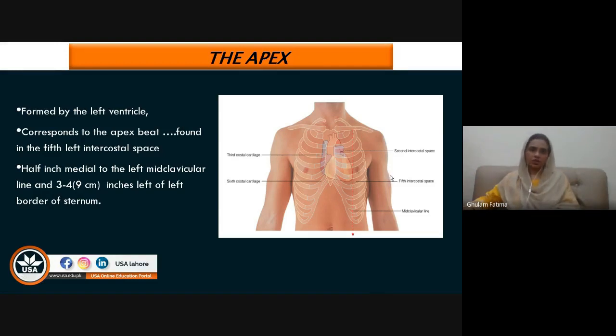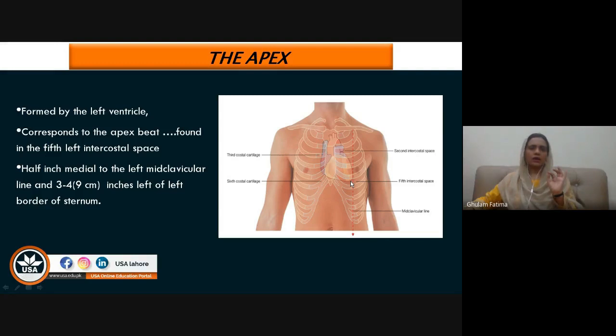So the apex is the point of the apex beat, and as we just discussed, the heart has its margin from the second to the fifth rib. So the apex is the lowest point, and it can be found in the fifth intercostal space. From there, slightly, about half an inch medial to that, the point of maximum impulse is found.